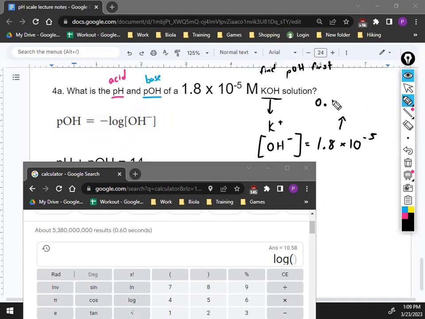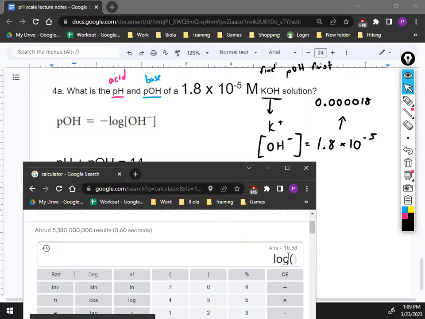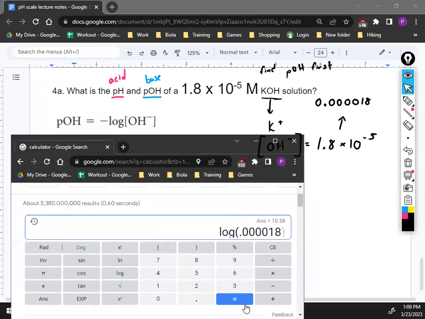That'll give you 0.0000, so 4 zeros, 1 2 3 4 1 8. So on your calculator, you do log of 0.123418. You find your answer, and then you just drop the negative sign.